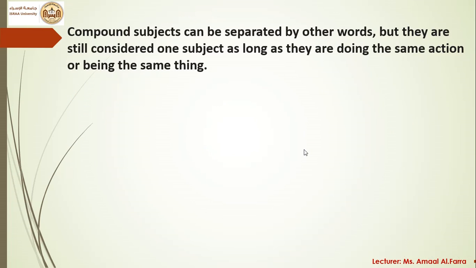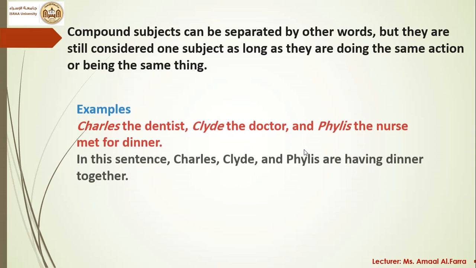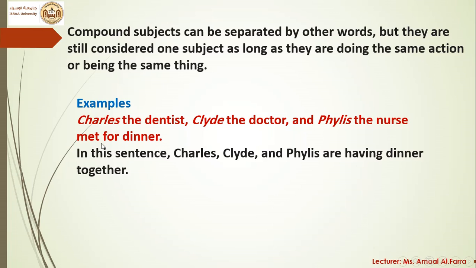Compound subjects can be separated by other words, but they are still considered one subject as long as they are doing the same action or being the same thing. So it is compound, but it is considered as being one subject because they are doing the same action. Example, we have here Charles the dentist, Clyde the doctor, Phyllis the nurse met for dinner.